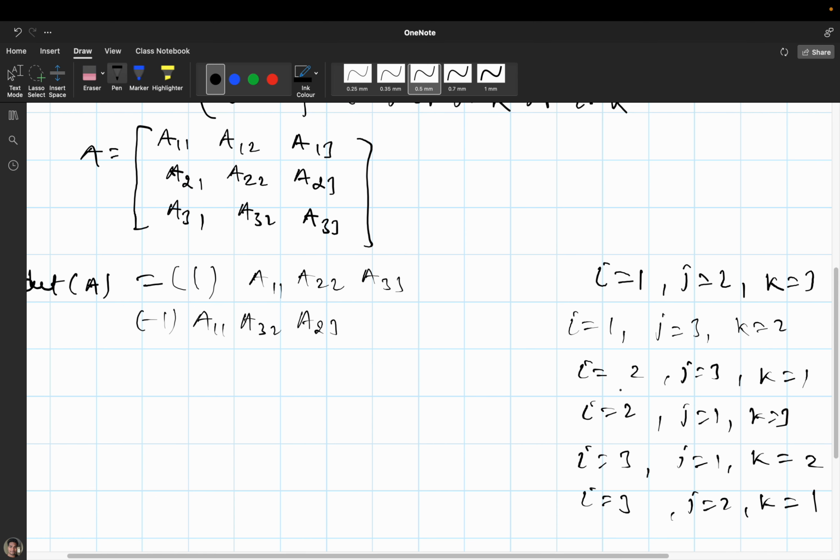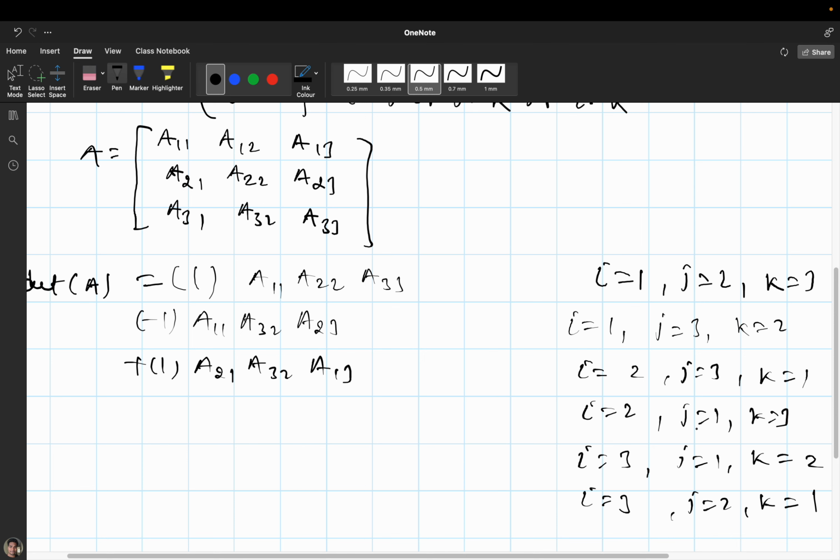If I replace i equal to 2, j equal to 3, k equal to 1, then what will happen? Epsilon will be 1, that is +1, okay, and that will be a21, a32, a13.